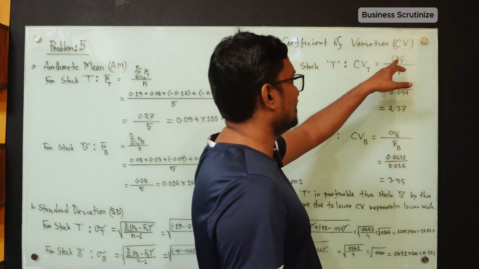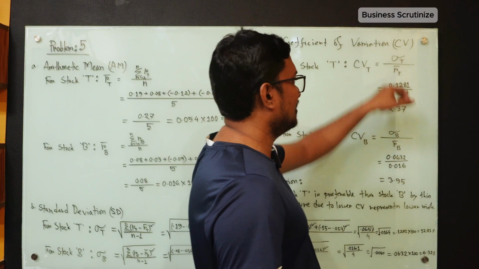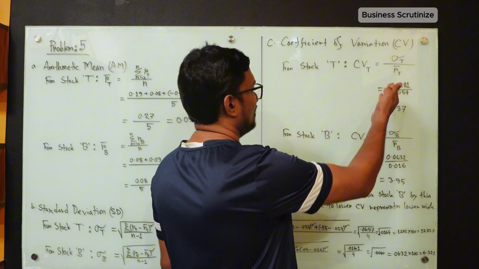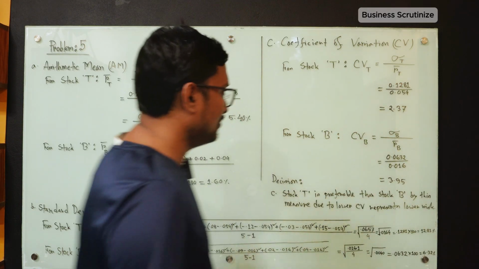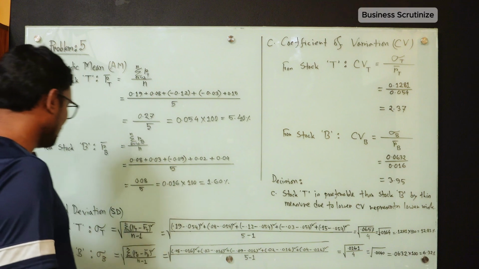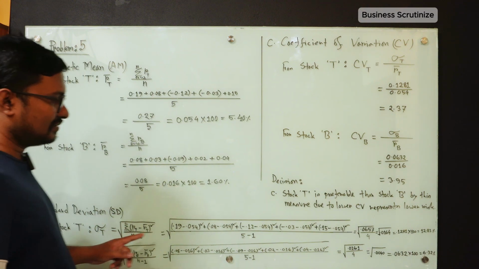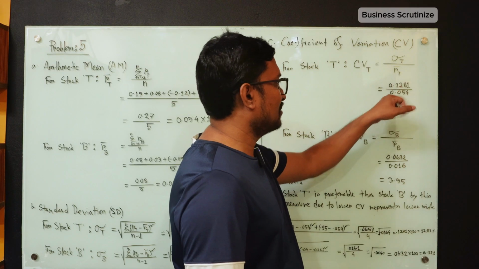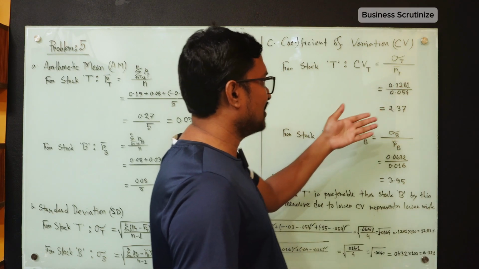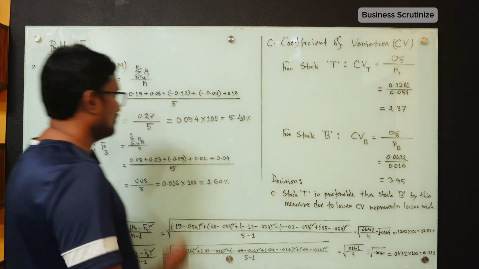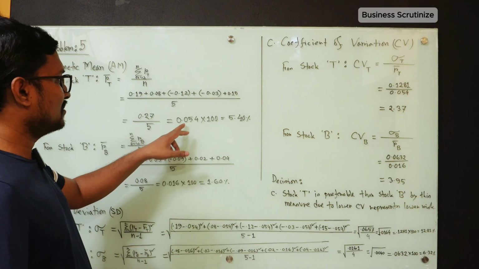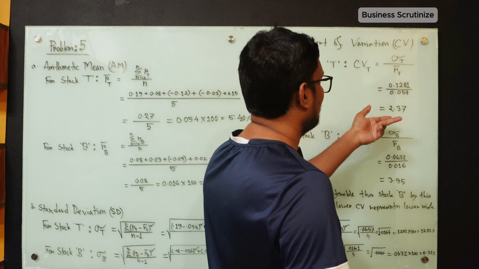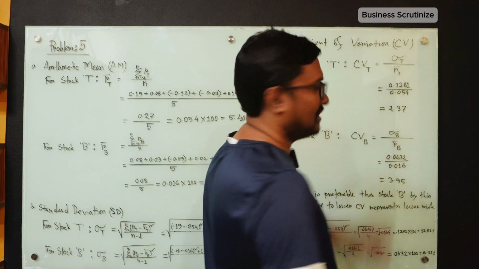There you can see sigma T by R bar T. Here we have just input the value we computed in requirement B, the standard deviation for stock T, which is 0.1281, and that should be divided by the arithmetic mean or mean return. The mean return here for stock T is 0.054. So after division it should be 2.37.